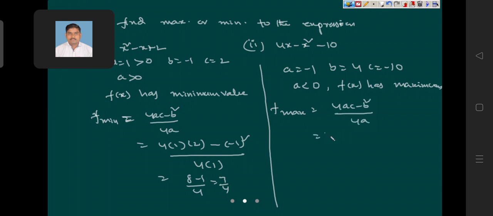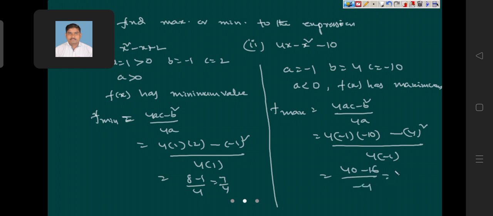That is 4 into minus 1 into minus 10, minus b square, by 4a. 4 into minus 1 into minus 10 is 40, minus 16, by minus 4. 40 minus 16 is 24. 24 by minus 4 is minus 6. So minus 6 is the maximum value.